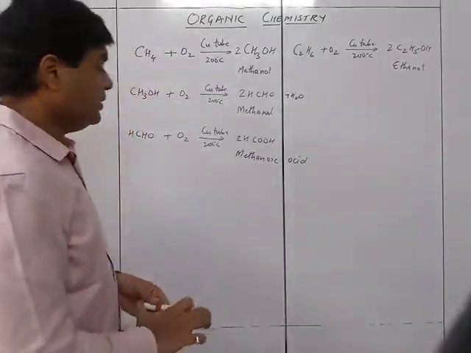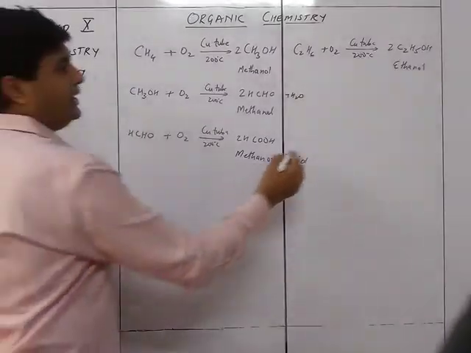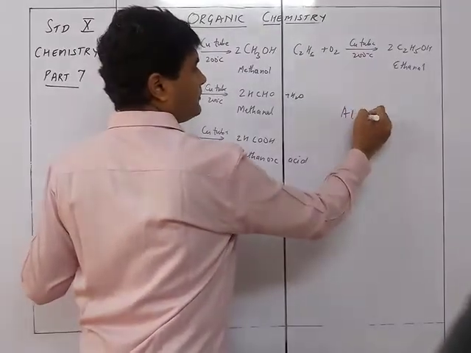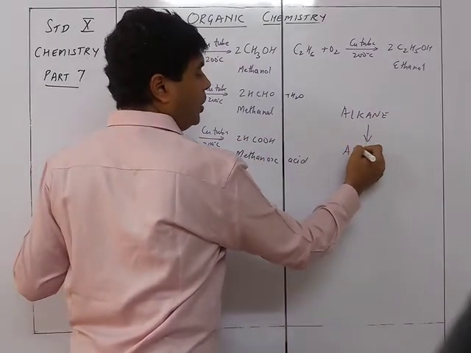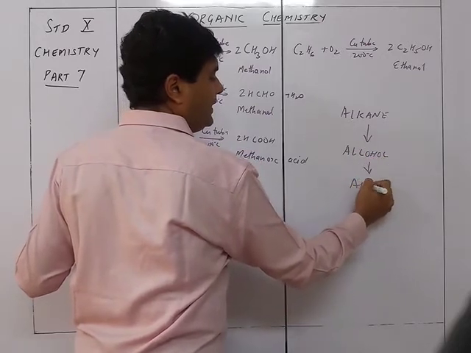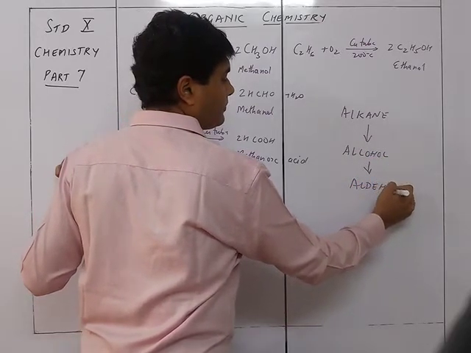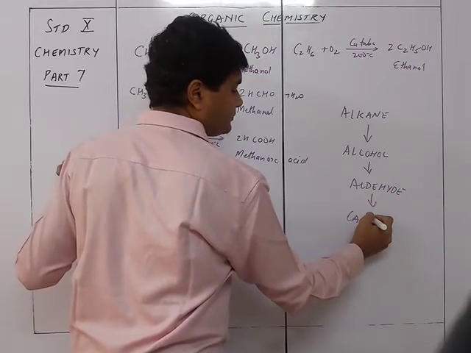So you can see that first of all, the alkane got converted into an alcohol. The alcohol got converted into an aldehyde and the aldehyde became a carboxylic acid.